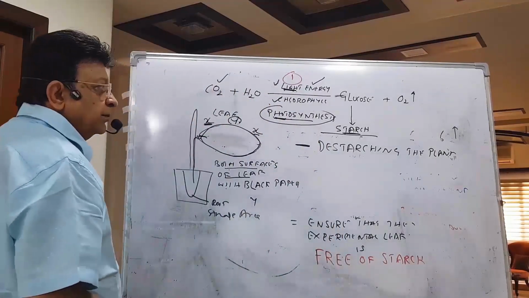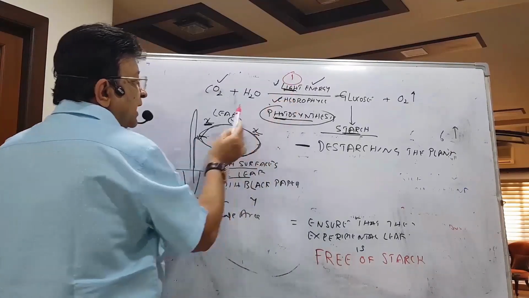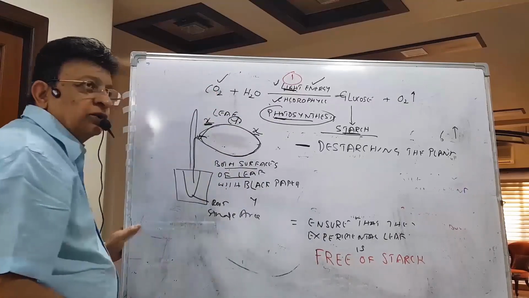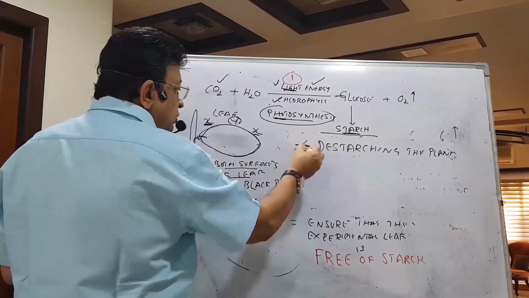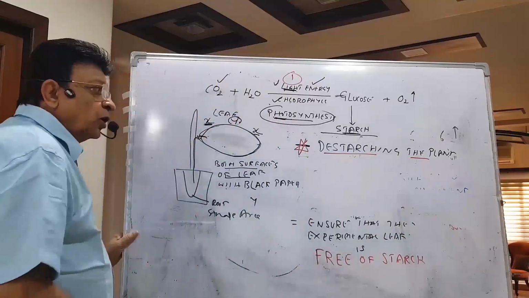So prior to conducting the experiment on photosynthesis to demonstrate that light, chlorophyll or carbon dioxide is required, I have to take a step known as de-starching the plant.